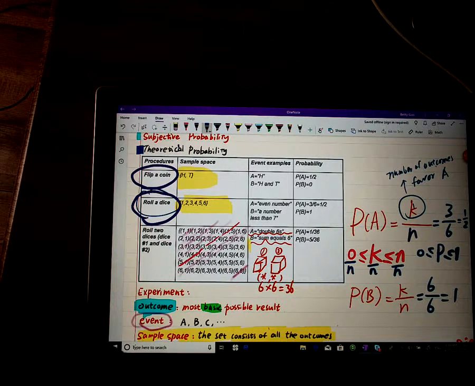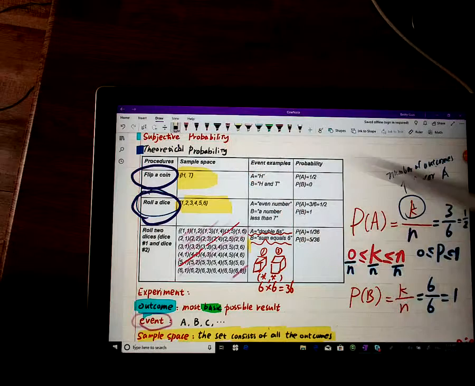We got a 1. 1 is 100%. The probability that you roll a die and you get a number less than 7 is 100%, 1. If the probability of an event is 100% or 1, we say the event is certain to occur, always occurs. Whenever you roll a die, whatever the number you got is always less than 7.